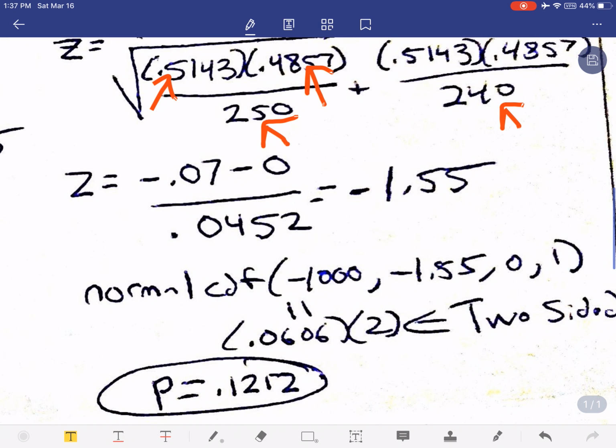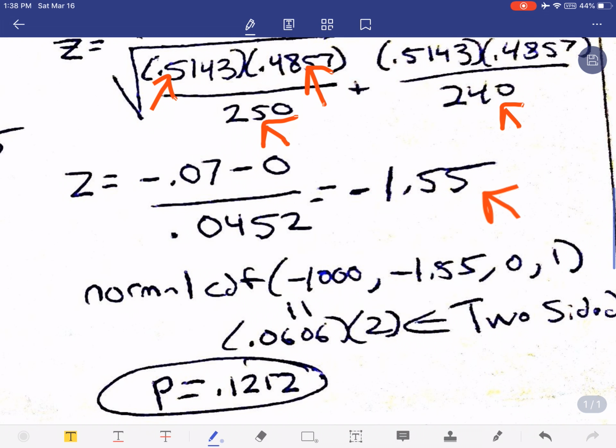In this case, we have a negative z-score right here, so that means we're going to find that left tail. So our lower boundary is going to be negative infinity, so we put negative 1,000 to represent that in our calculator. And our upper boundary is going to be negative 1.55, our z-score.